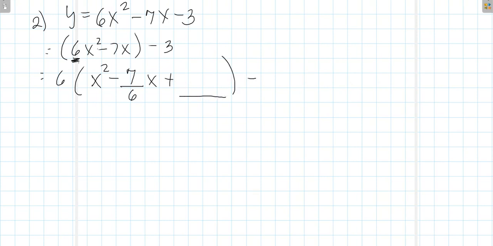Minus, copy, minus 3, minus, we have here 6, so we multiply it by 6. The blank is 1/2 of the middle term. Your middle term is 7/6, so therefore 7/12.